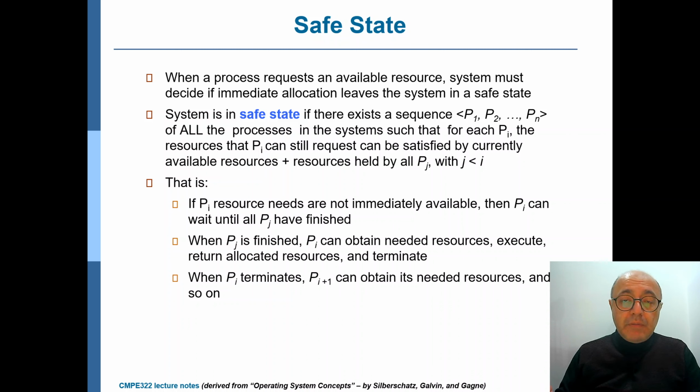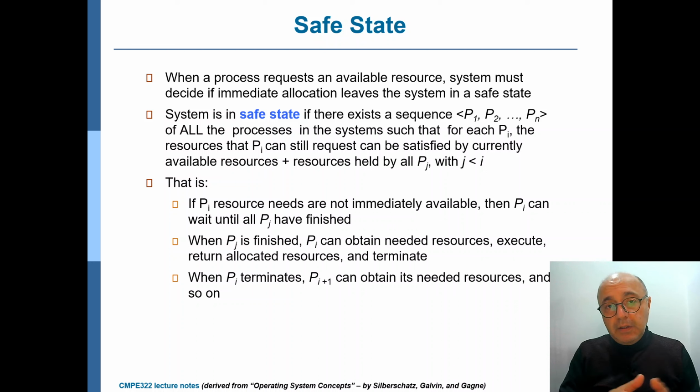Because remember, when a process is completed, when the process ends, all the resources the process holds will be reclaimed by the operating system. Therefore, those resources will become available for the remaining processes.